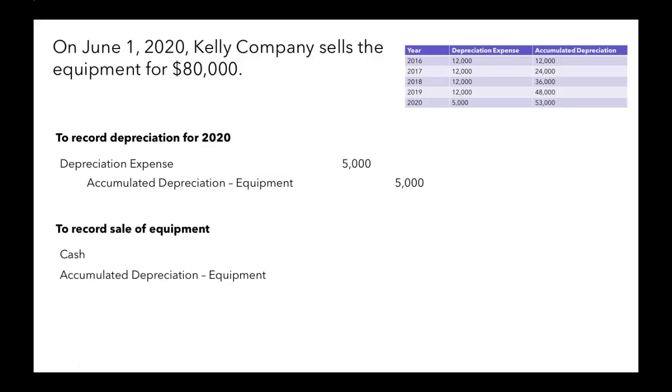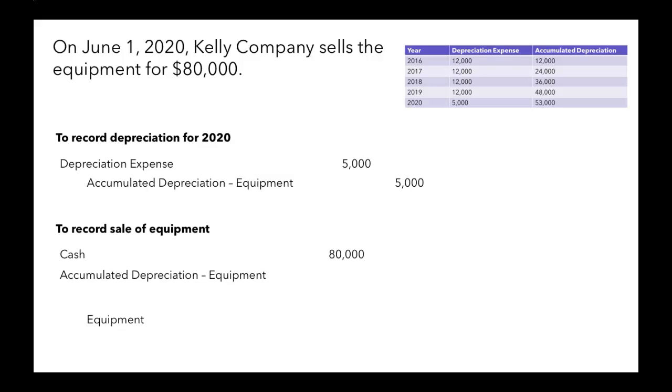Since we're selling this equipment, we want to get rid of the depreciation that was attached to that equipment. So we'll debit our accumulated depreciation. We also want to credit equipment because we need to show that that asset account is decreasing since we're selling this equipment.